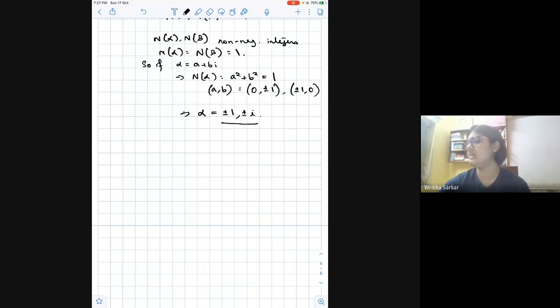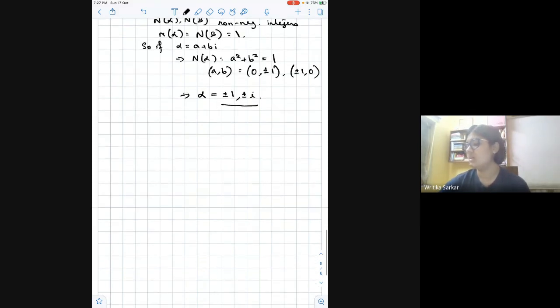These elements are the only ones in Zi which have a multiplicative inverse, and so they're given a special name. They're called the units.